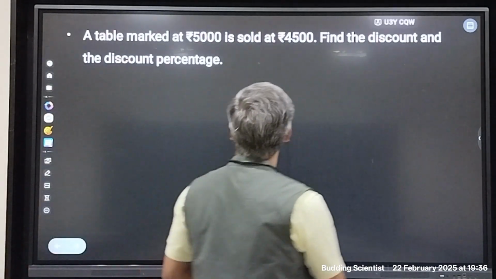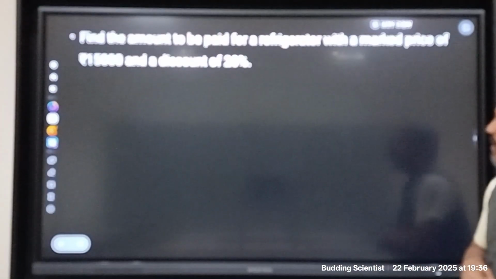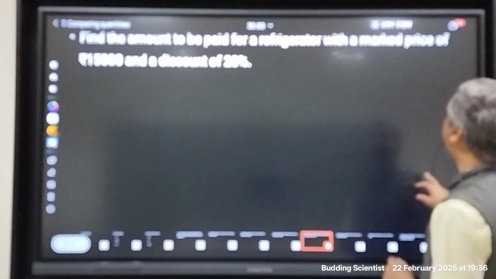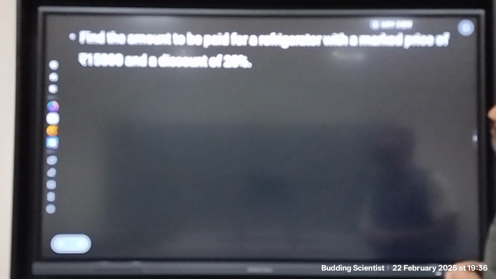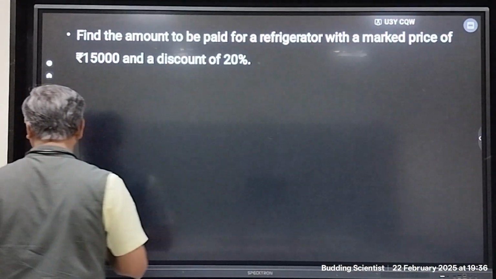Let's solve the next problem. Find the amount to be paid for a refrigerator with a marked price of 15,000 and a discount of 20%.